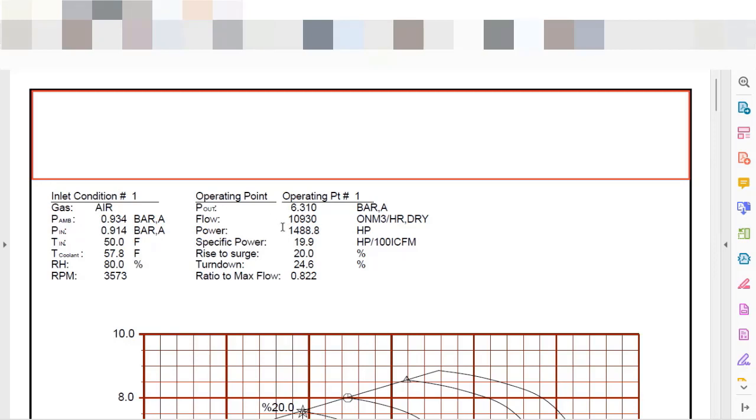That is a responsibility of the vendor. The specific power is by vendor, the rise to surge is by vendor, the turn down is by vendor also, and the ratio to max flow is also by vendor.